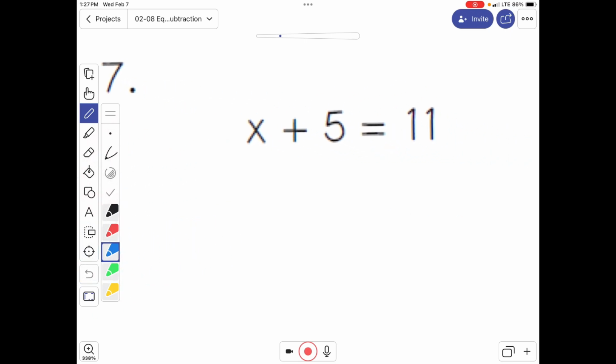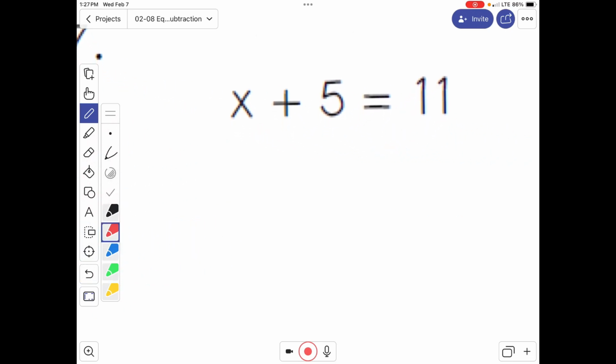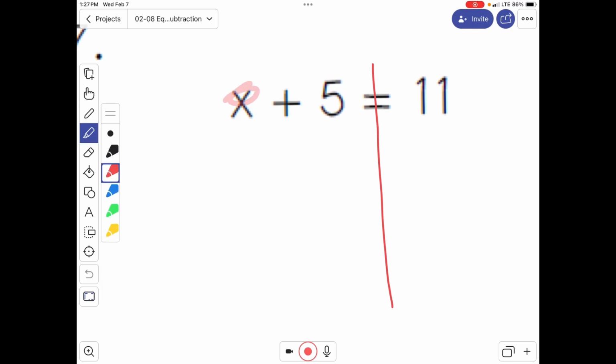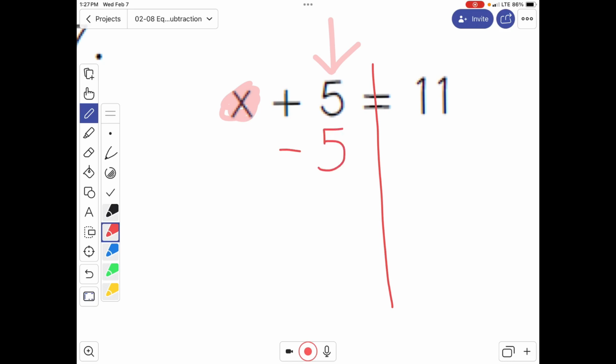One more example, and then we'll work together. Draw the wall, find the variable. So we need to get rid of him. What's the opposite of +5? -5. Make sure to write it on both sides. +5 and -5 are opposites.